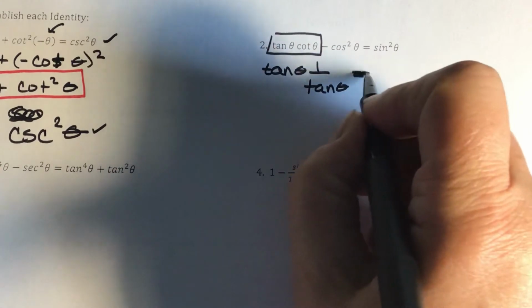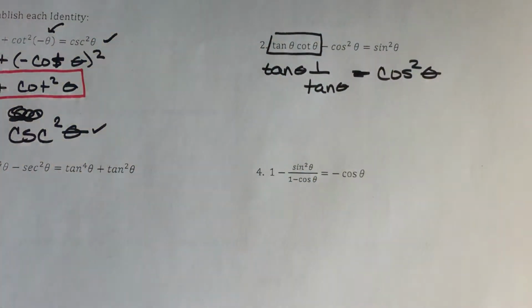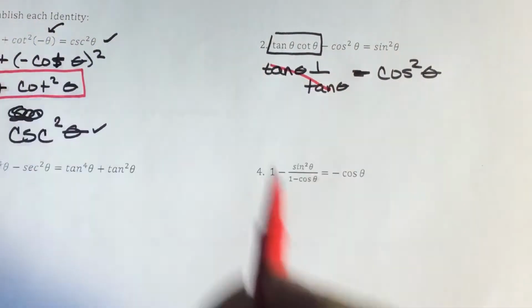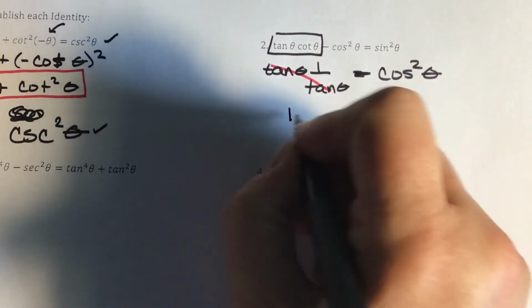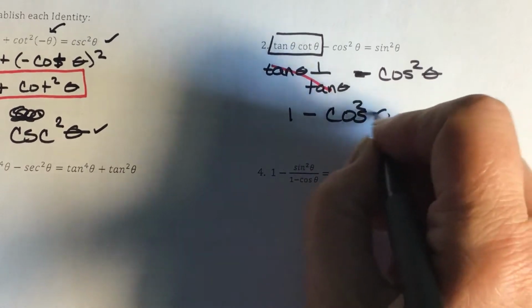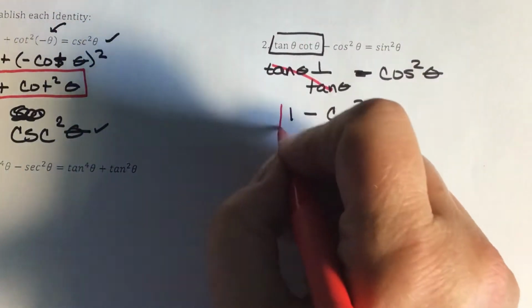And then we have minus cosine squared of the angle. So the tangents are going to cancel. A tangent times its reciprocal. This is just 1 minus cosine squared of the angle. And this is the identity.